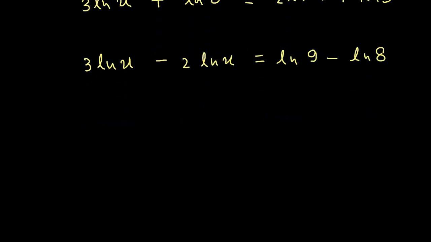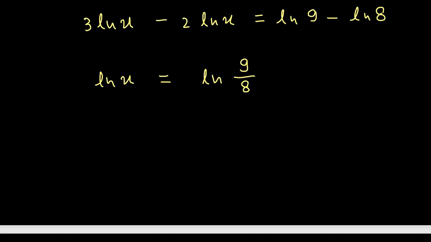From here we have 3 ln x minus 2 ln x as ln x equals ln 9 by 8, because from log rules we know that if we have ln a minus ln b, we can write this as ln a by b.